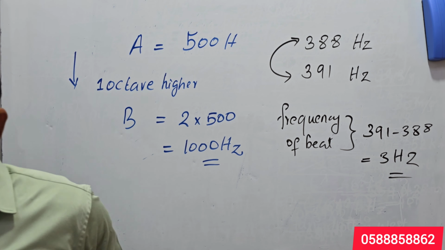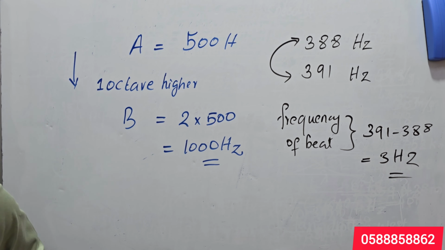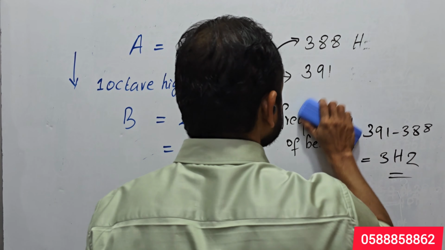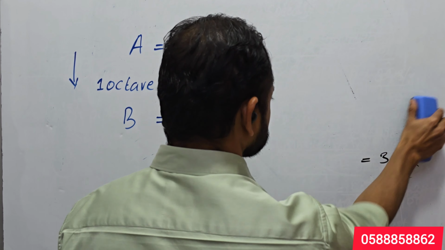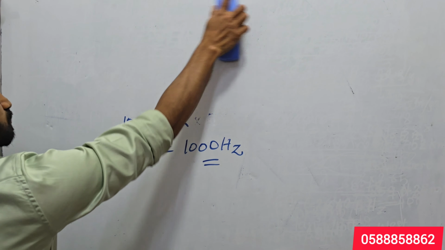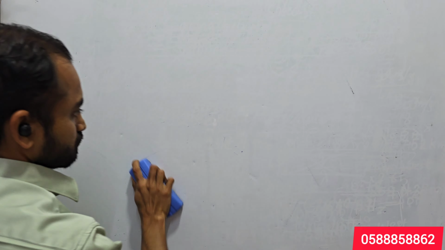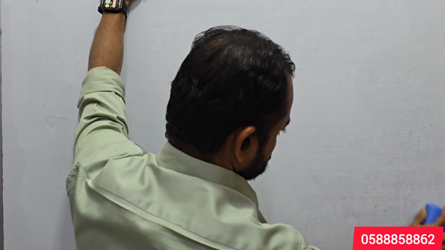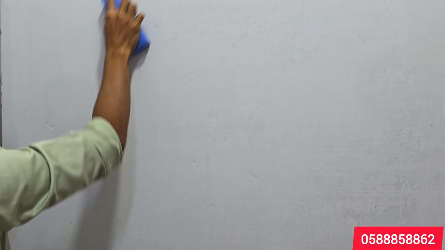Okay, let us discuss, students. Question number 17. What is the vibrating object that produces sound in each of the following?